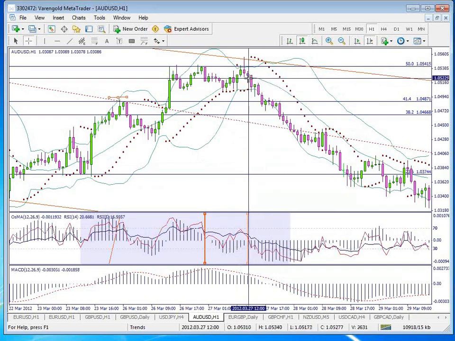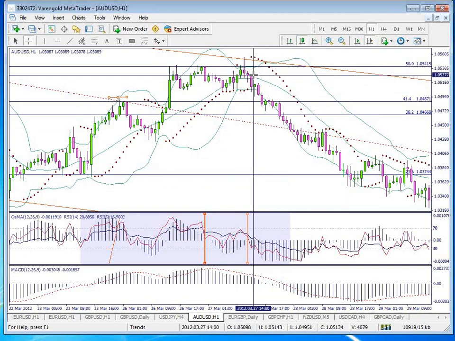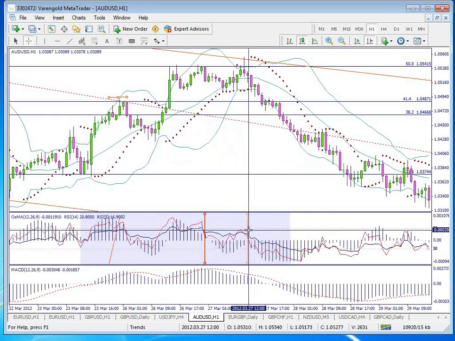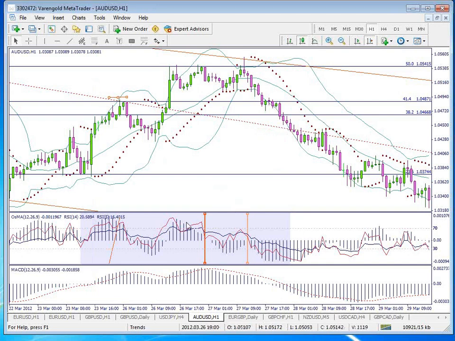And I have enough time. That bar means 1 hour, so I can go after 1 or 2 hours when I see what is going on with my pair into one trade. I can have bigger expectation because I have a signal on daily and I have a signal on 4 hour. So you can take a safe situation for your trade or a risky one. It's depending on you.